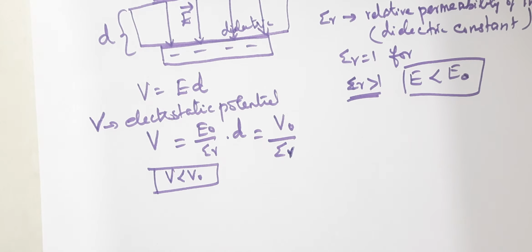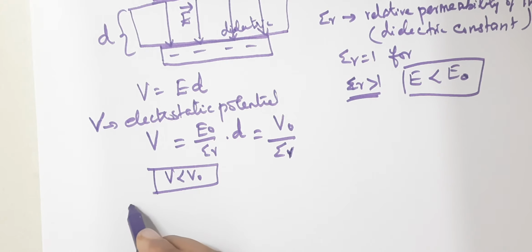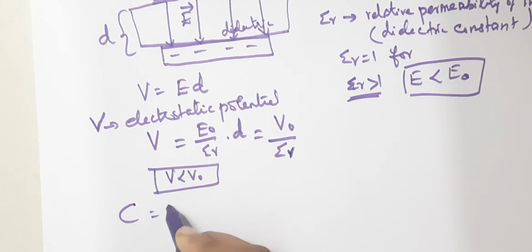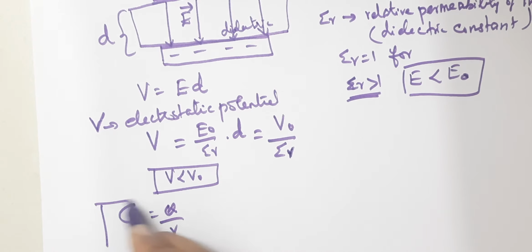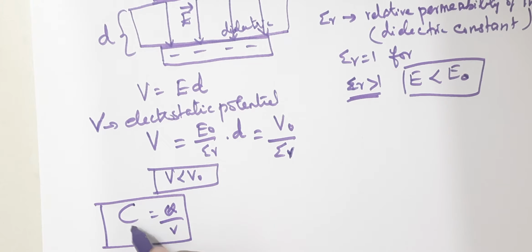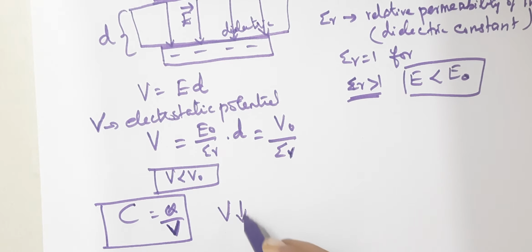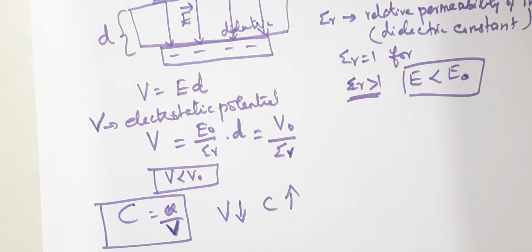Then we can come to the real point, that is the capacitance. We know that C is equal to Q by V, isn't it? So capacitance is inversely proportional to potential difference. When V decreases, what will happen to C? C increases, because it is inversely proportional.